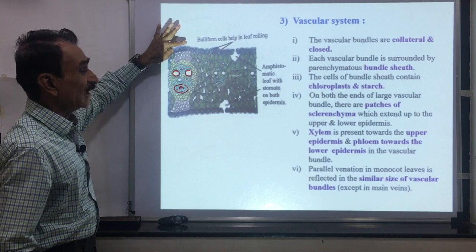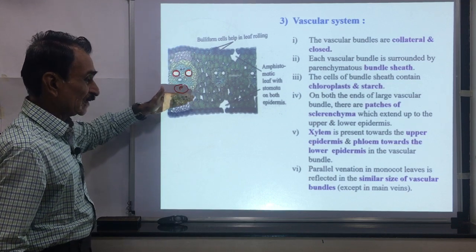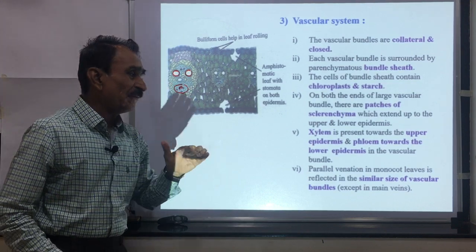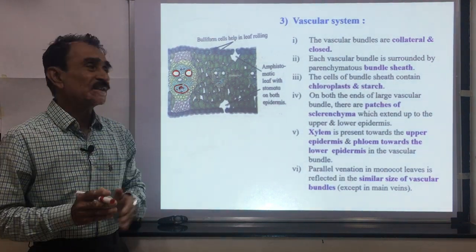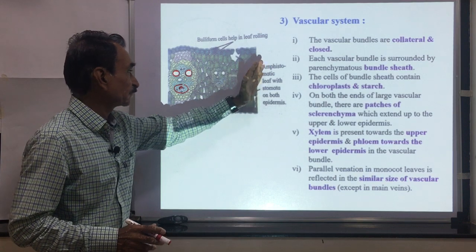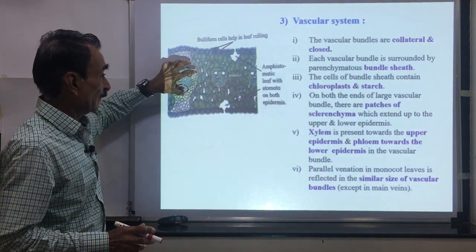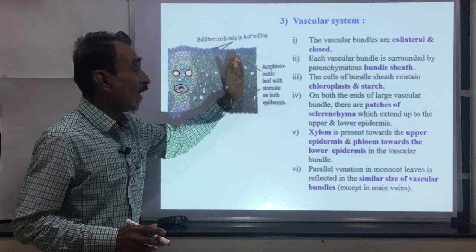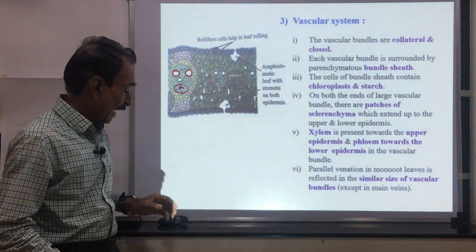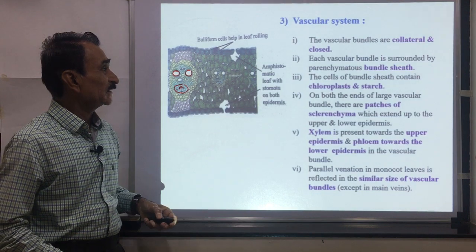Xylem is present toward the upper epidermis, phloem toward the lower epidermis. Parallel venation in monocots is reflected in the similar size of vascular bundles on this side. This is the middle part or the middle vein, which is larger. But in case of all the other veins, the vascular bundles are of similar size.